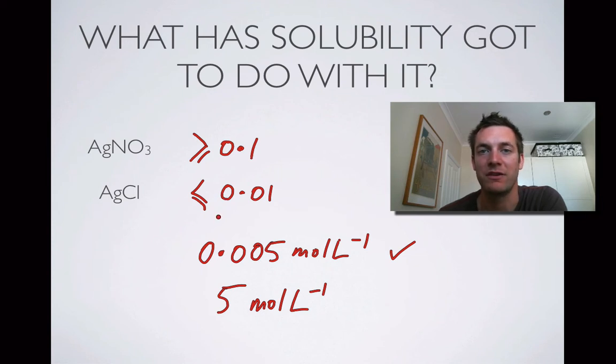So you can't have a 5 mole per litre solution of it, so you can't do that problem. So in other words, if they're going to ask you about a solution with a certain concentration, then that concentration solution must exist. So solubility hasn't really got anything to do with it. So you don't have to worry about solubility when you're doing these problems, which is good.